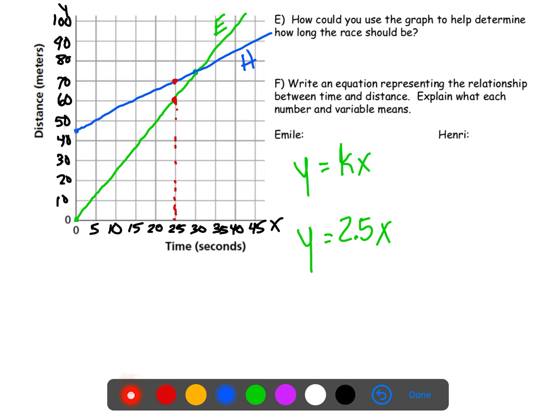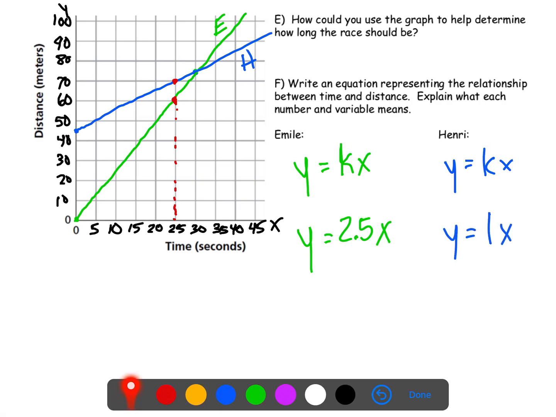So if we were trying to show y equals K times X for Henry, we would use Henry's speed, what we would call the constant of proportionality, which is 1 meter per second, times the time.